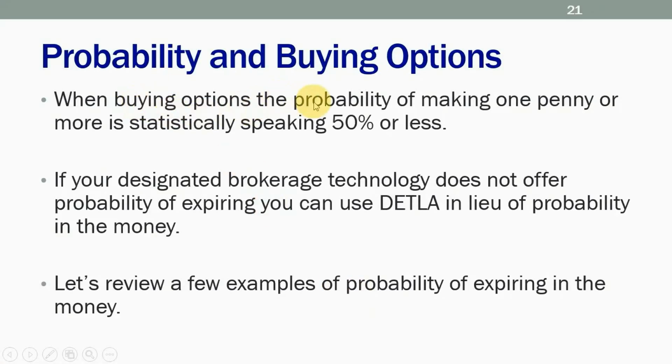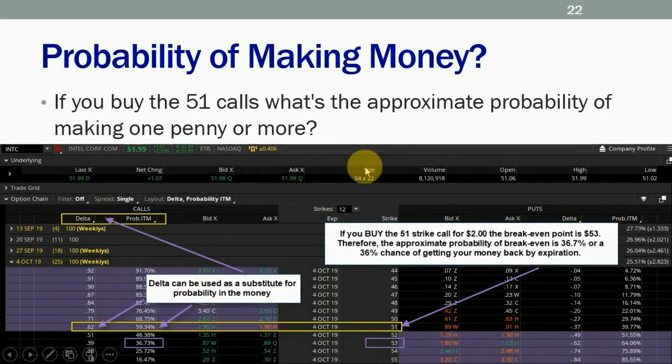Look, when buying options, the probability of making 1 penny or more is always going to be 50% or less. Now, the reason I went back to that for a second, I got to hammer this concept home. It seems like so minute maybe, but it's critical that people get this. It's critical to your longer term success.